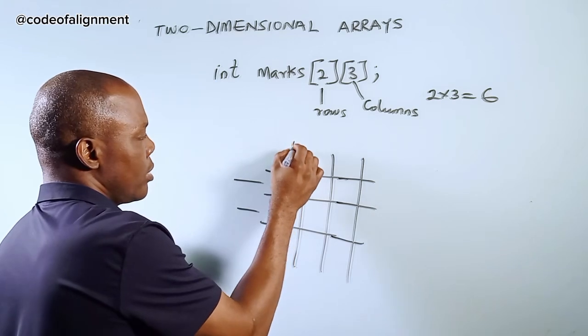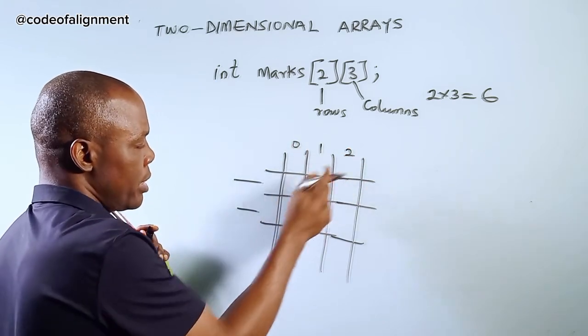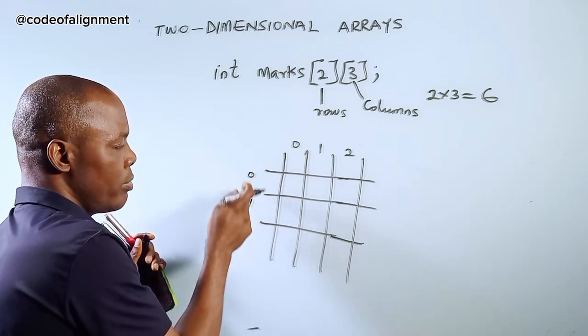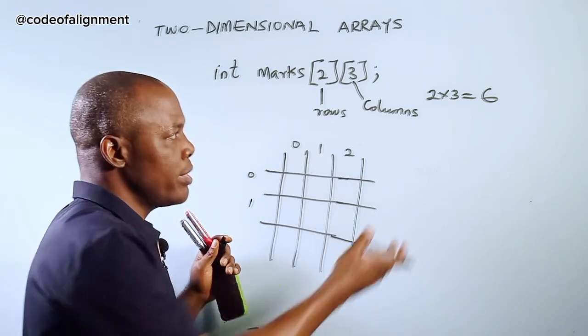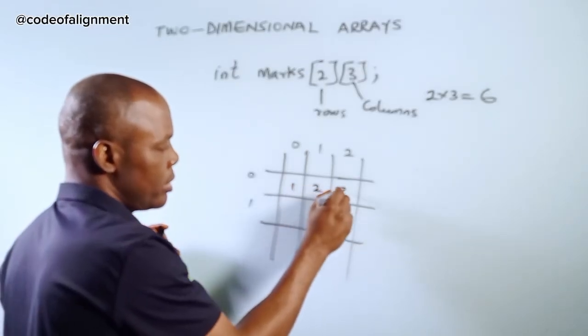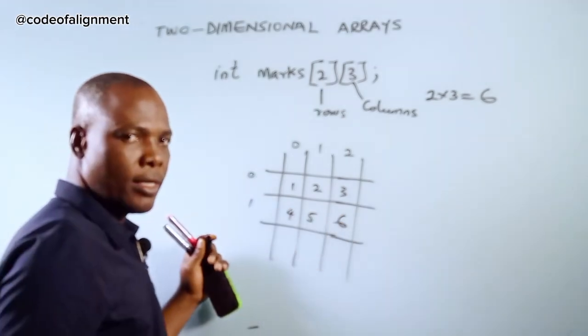So this is column 0, column 1, column 2. This is row 0 and then row 1. So what will be the value? 6. So this is 1, this is 2, this is 3, this is 4, this is 5, and this is 6. That is it.